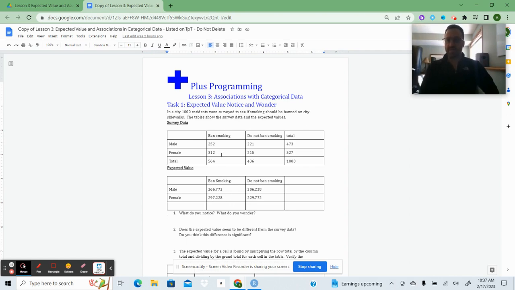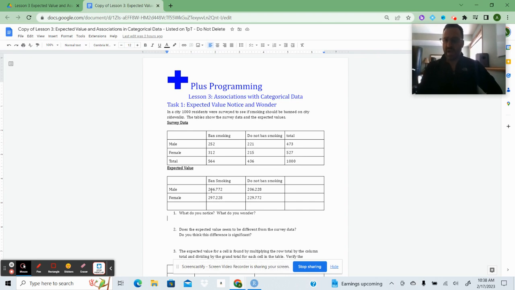So the amount of females was over the expected value. And then here for not banning smoking, more males than expected were in favor of not banning smoking, and less females than expected were in favor of not banning smoking. So those are just some of my noticings and some of my wonderings.